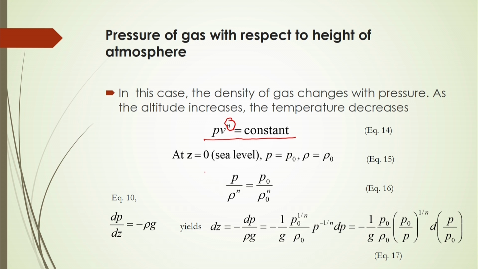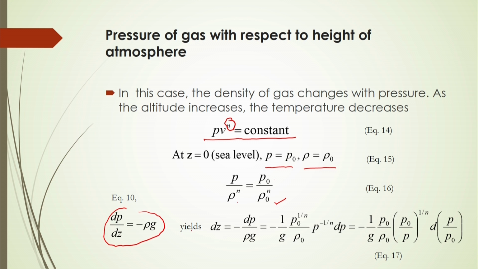At z equals 0, at sea level, P is equal to P0 and ρ is equal to ρ0. So, you can have P by ρ to the power n equal to P0 by ρ0 to the power n. Again from equation number 10, we know that dP/dz equals minus ρg.